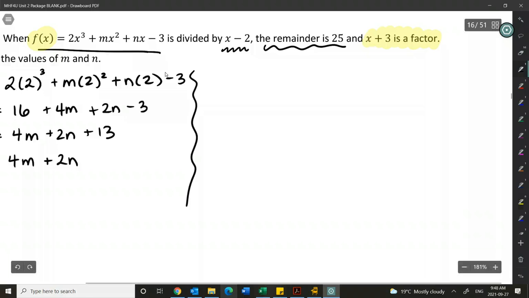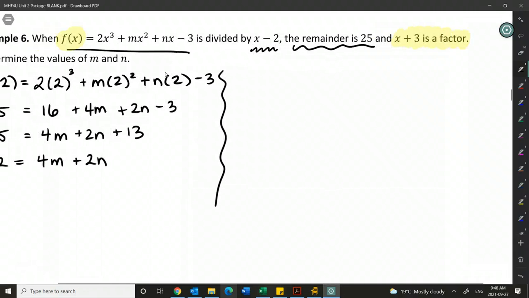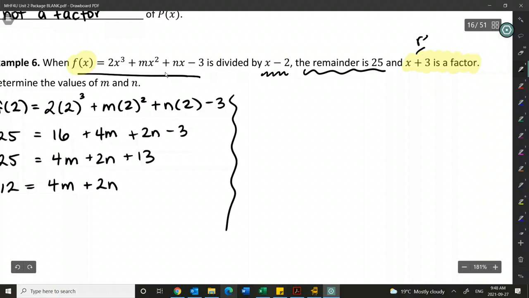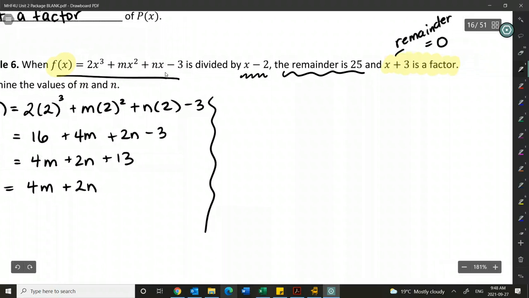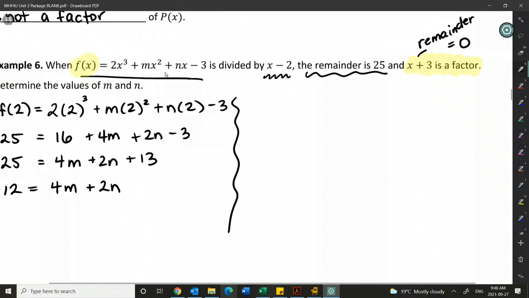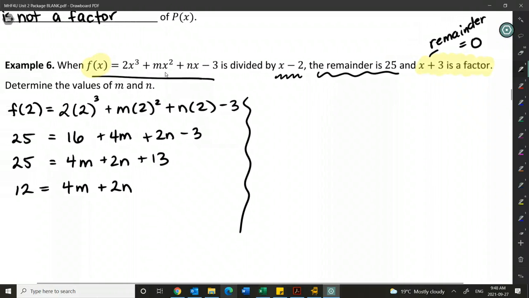What does this tell me about the remainder when I divide x plus 3 into f at x, if x plus 3 is a factor? Keaton? Okay, so something being a factor means remainder equals 0. So I'm going to actually set up a second equation with this second piece of information here.